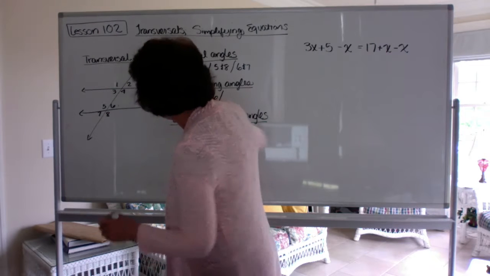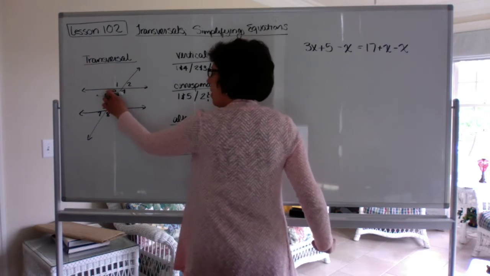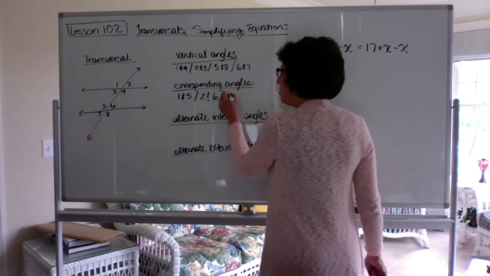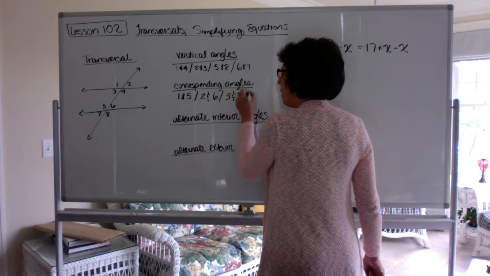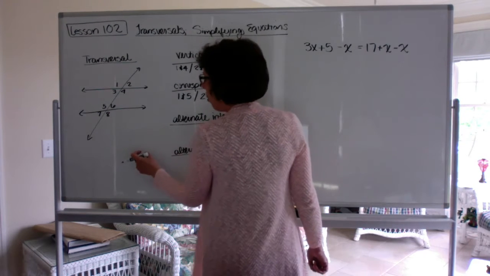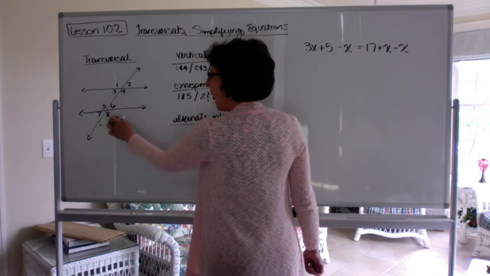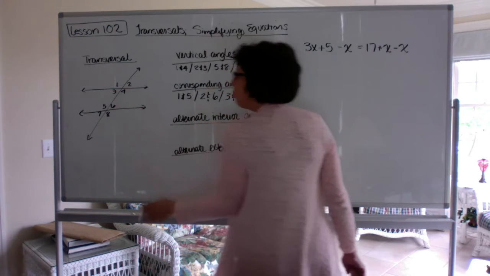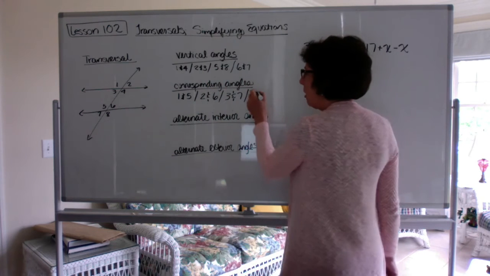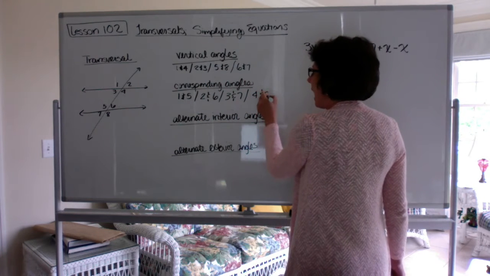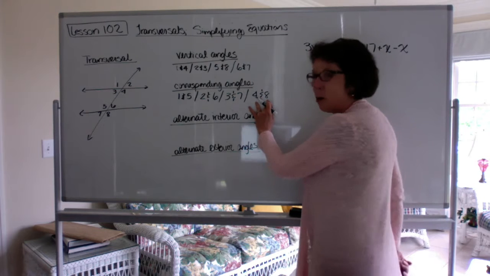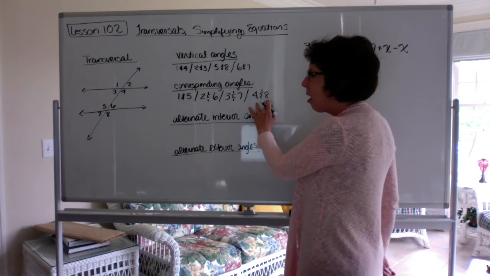Angle 3 corresponds with angle 7. And then finally, what am I left with? 4 and 8. 4 and 8 are both to the right and below. And these pairs are going to have the same angle measurement also.